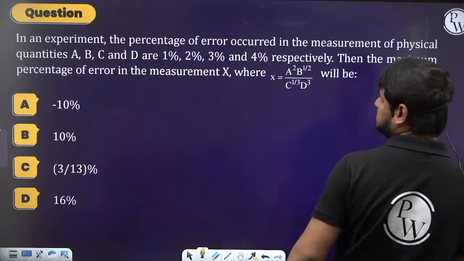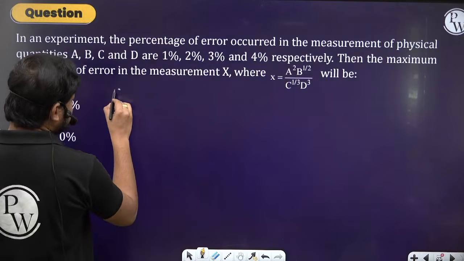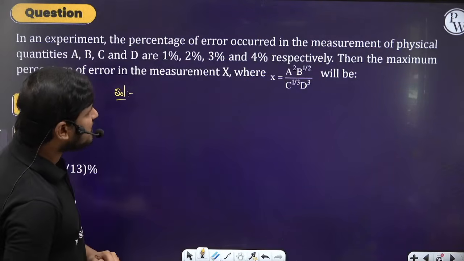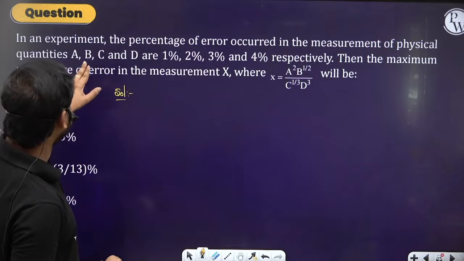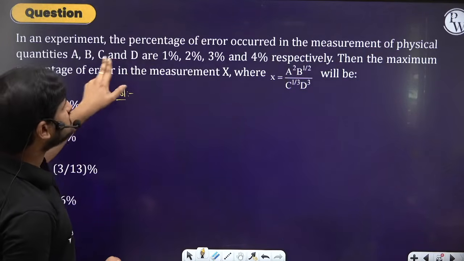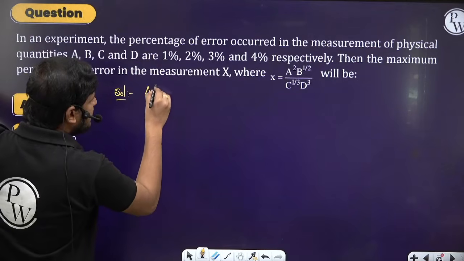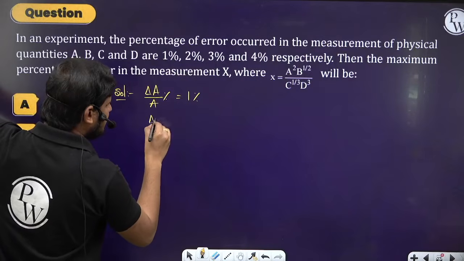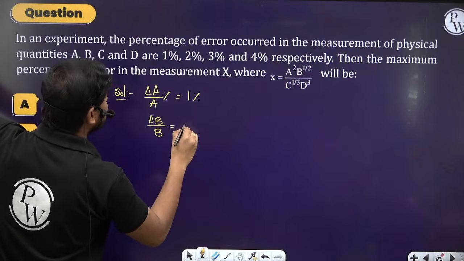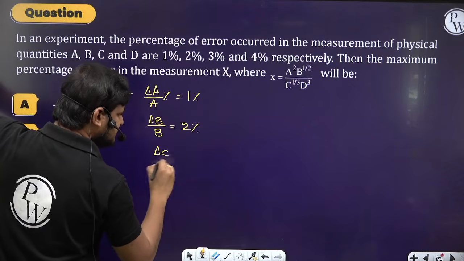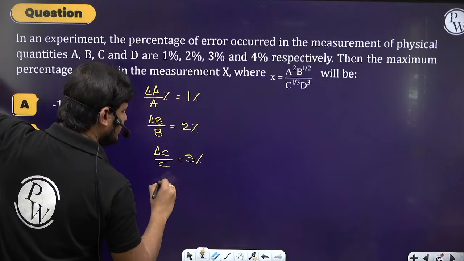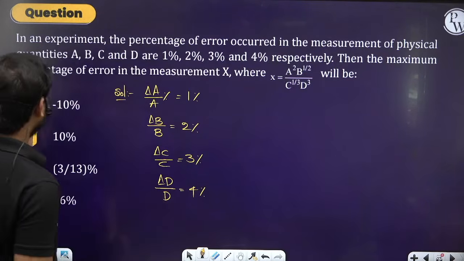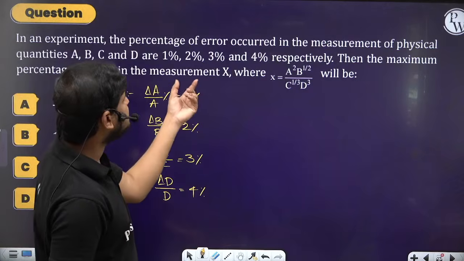So I'll take a few more questions. These are previous year questions. In an experiment, the percentage errors in the measurement of physical quantities A, B, C, D are given: delta A by A is 1%, delta B by B is 2%, delta C by C is 3%, delta D by D is 4%, respectively.